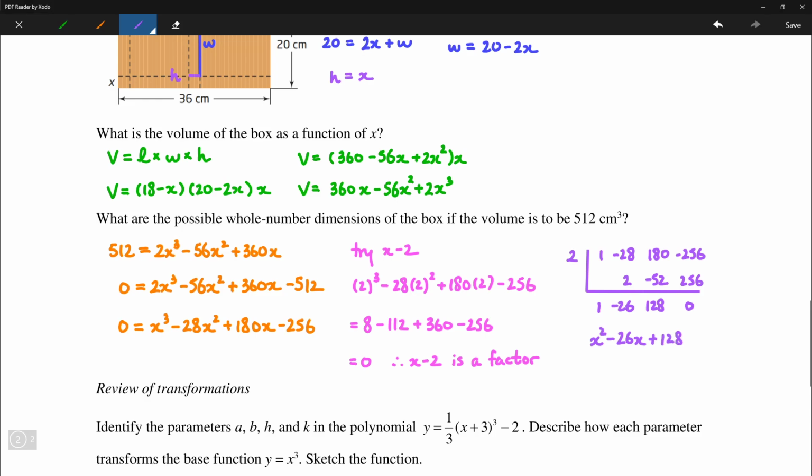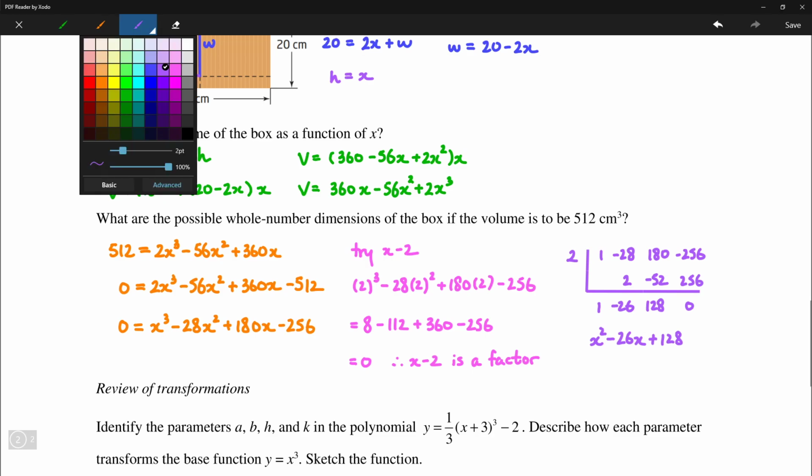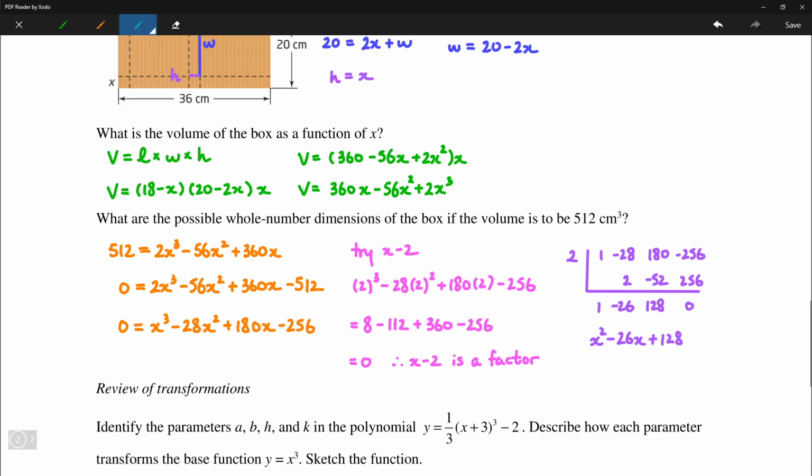So last part is to check if we have any other solution other than x equals 2. So let's see here. Again, we can just simply check b squared minus 4ac. So that will be equal to, in this case, negative 26 squared minus 4 times 1 times 128.